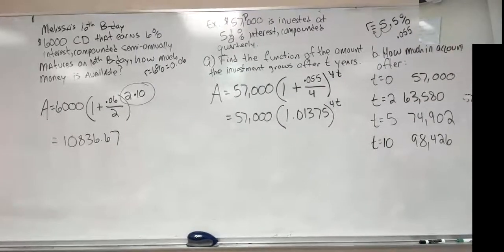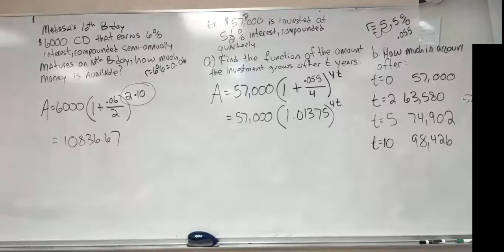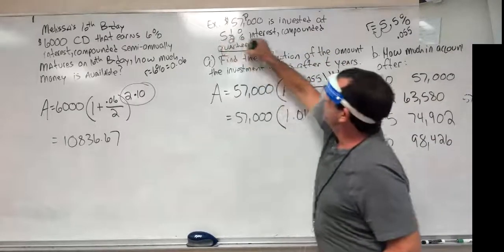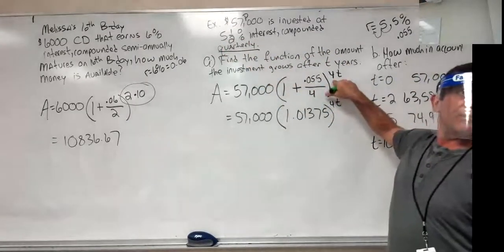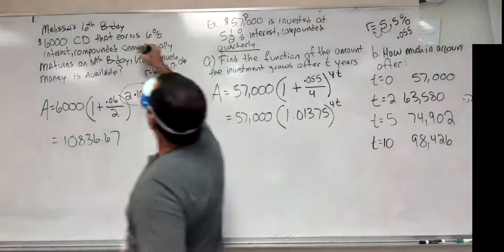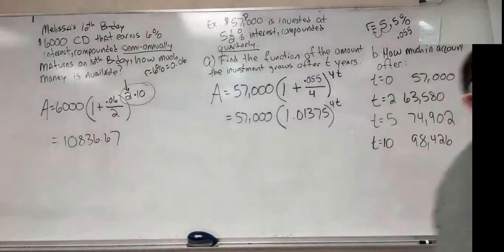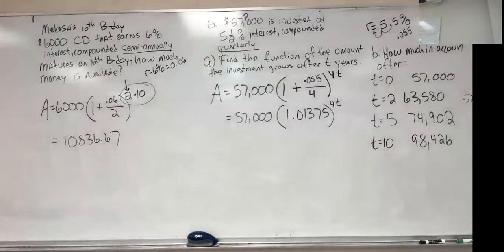You got two things, but on the other one, it was like 4 times. Yeah, so 4 is the number of compounds. So this one was compounded quarterly, so it was a 4. This one was semi-annually, so that made that a 2. That's probably the only thing that's really going to change on those, how many compounds it's getting in those years.